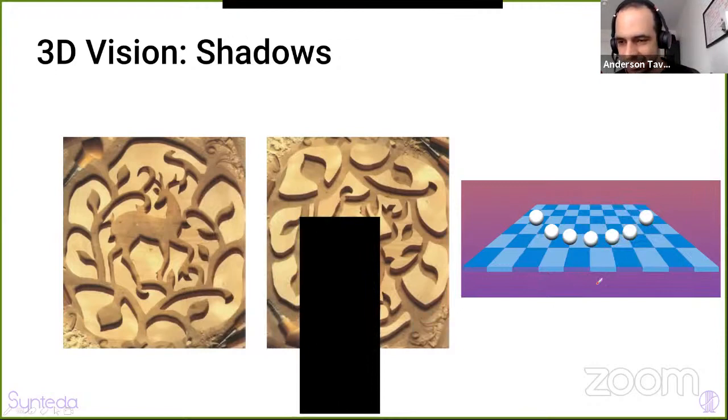So if we don't add shadows, we interpret that ball in a specific way, but if we add shadow, the interpretation will be really different. So we can use also shadows to try to interpret what's happening with the scene. So there are some computer vision papers that talk about detecting shadows in order to understand the scene.